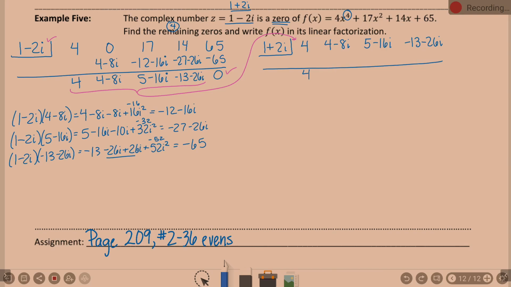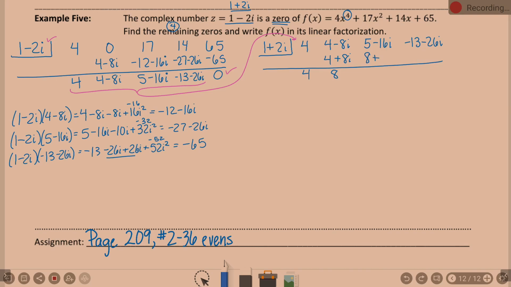What is 4 times 1 plus 2i? 4 plus 8i. 4 plus 4 is 8. Negative 8i plus 8i cancels. Now 8 times 1 plus 2i is 8 plus 16i.